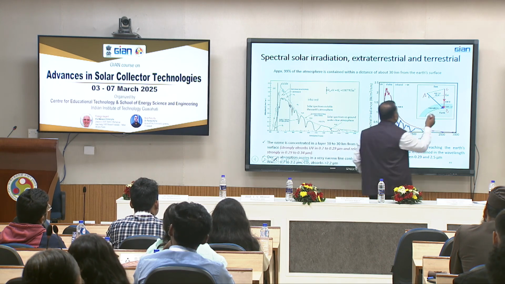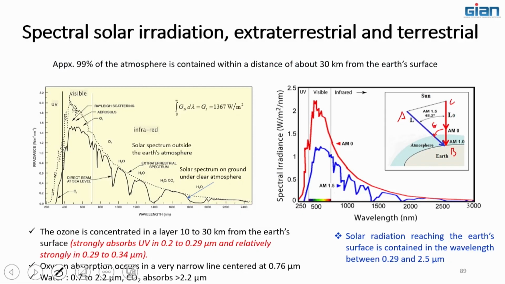So, if AM is 2, that means your angle is 60. Okay. So, normally solar collectors are tested at a spectrum of AM 1.5, where this angle is 48.8 closely. So, at that angle normally solar modules are tested.